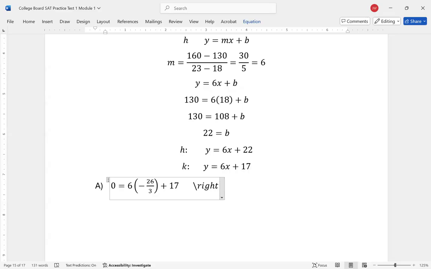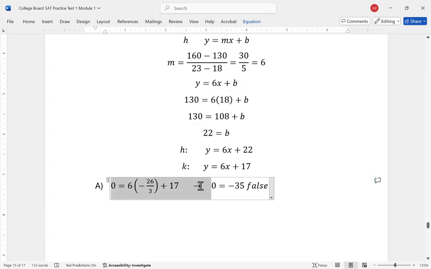When you calculate that, you end up with 0 is equal to, I've got to type this into my calculator, negative 35. That's obviously false. So we know that A is not going to work.